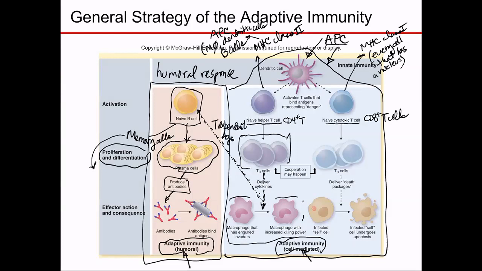Now, in the case of cytotoxic T cells, after they receive the signal from this cell that expresses MHC class 1, it could be any cell that has a nucleus, then they can also be activated, they can proliferate, differentiate, and become effector cells. Effector cells that now may identify abnormal cells in our body that express that particular antigen, and they could destroy those cells that are abnormal.